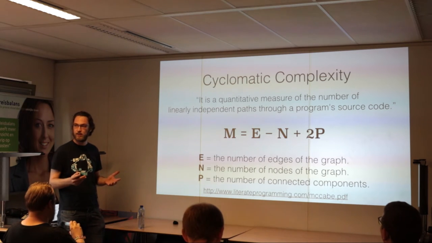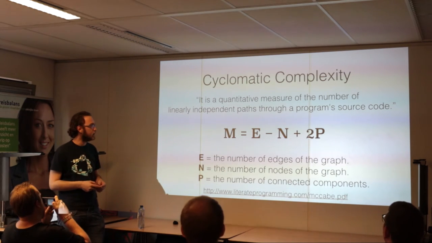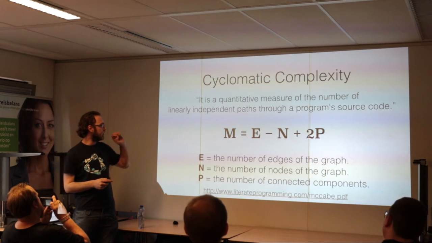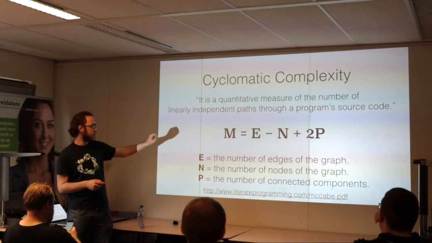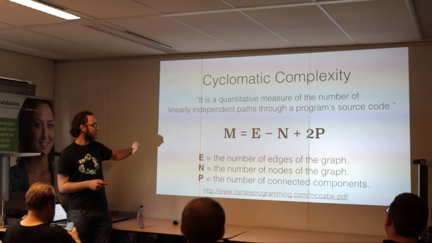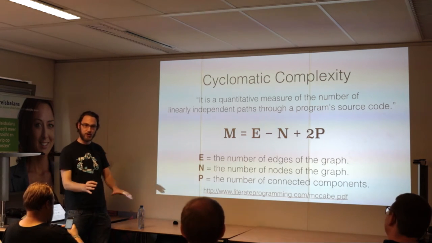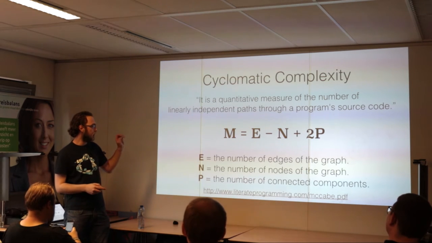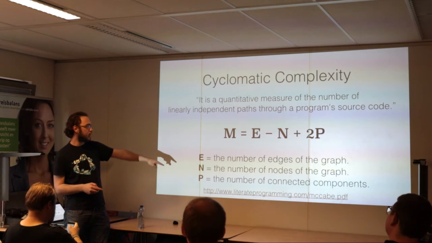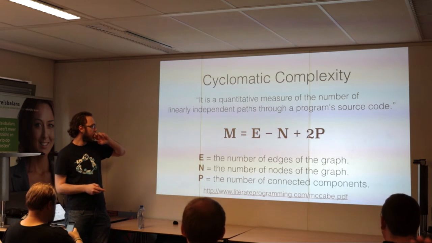Like I said, it's a bit of a scientific approach. M is the complexity itself. E is the number of edges on the graph, if you view all functions and all code as a big scientific graph. N is the number of nodes and P the number of connected components.